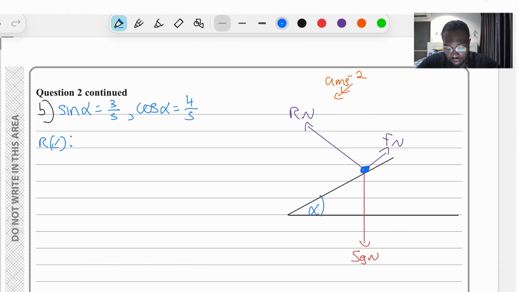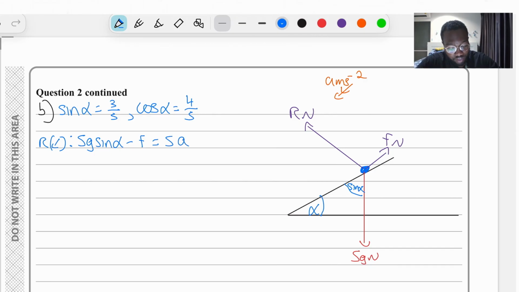We know that this is going to be a sine alpha, so going down the plane we have 5g sine alpha, minus the force going up the slope, which in this case is F, and that is equal to ma. We know the mass is 5 kilograms, so it's 5, and then a, an unknown. That's what we want to work out.